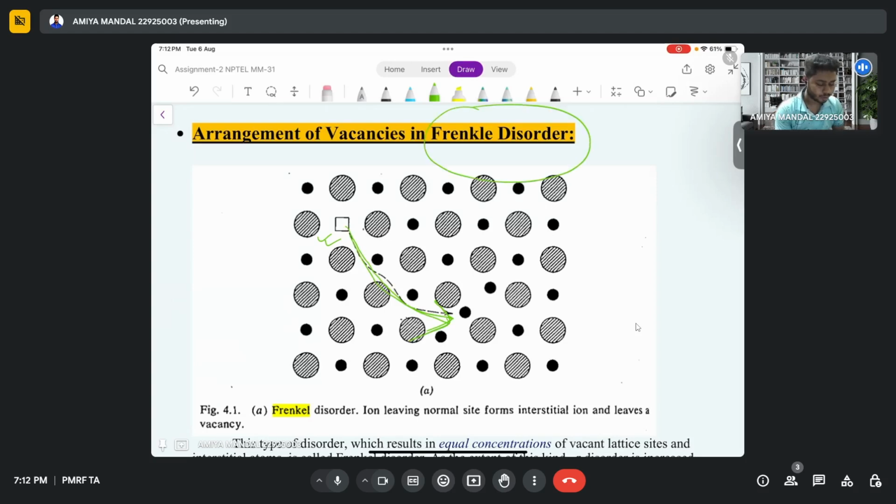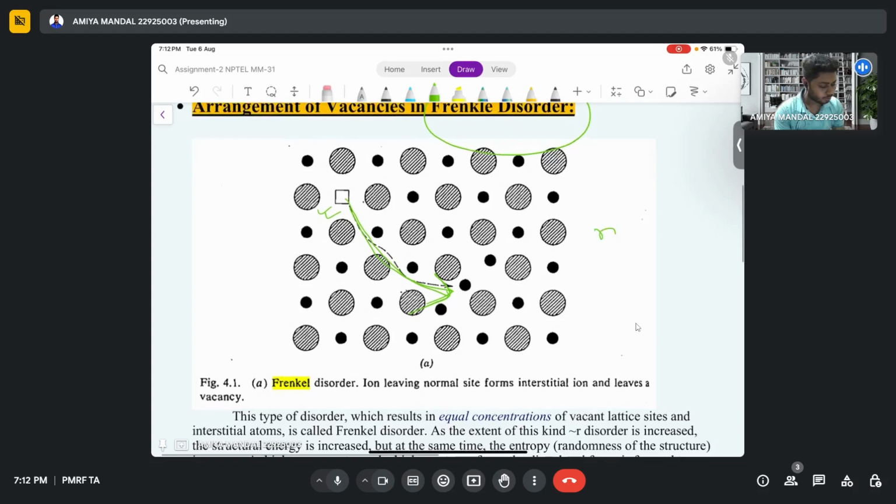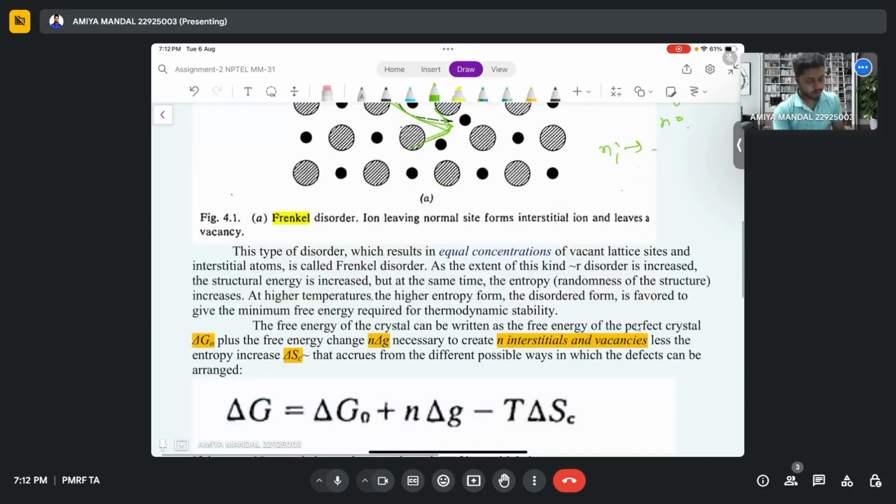Now, if Nv is the vacancy number and Ni is the interstitial number, this type of disorder, Frenkel disorder, results in equal concentration of vacant lattice sites and interstitials.